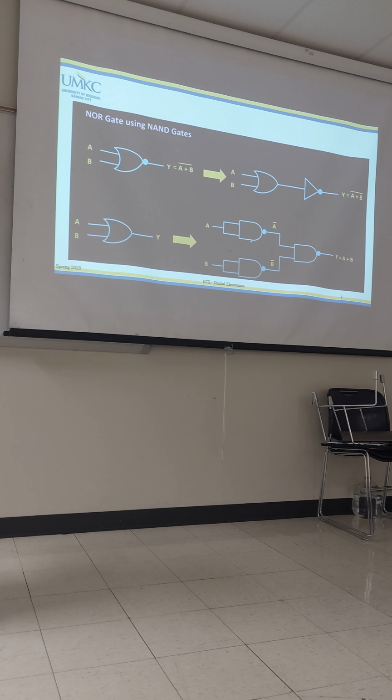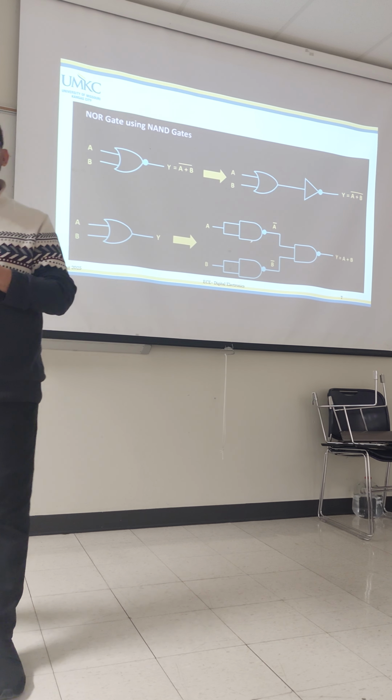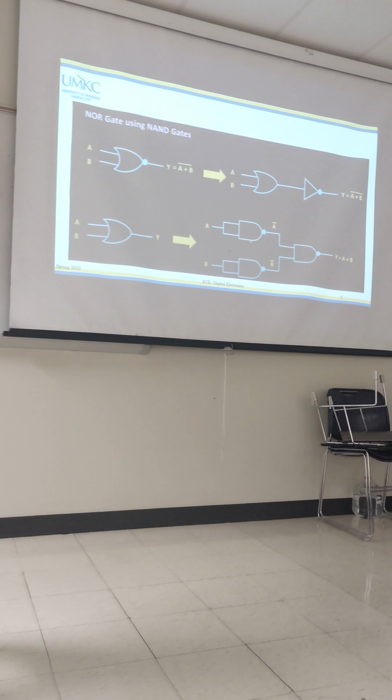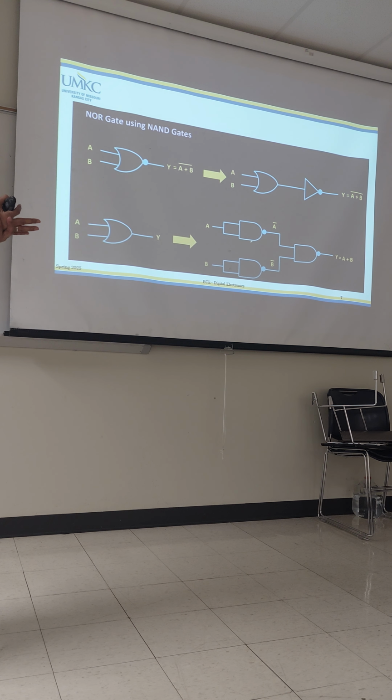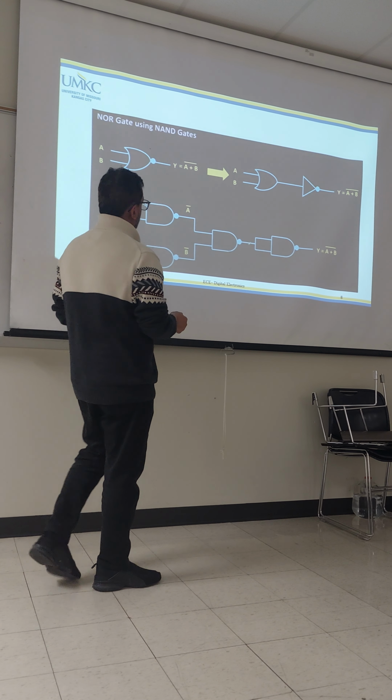NOR gate using NAND gates. What is the NOR gate? The opposite of the OR gate. If the output of the OR gate is complemented, then it will give you the NOR gate. I already showed how to get the OR gate. To implement an OR gate, we need three NAND gates. Then the output of that is given to the next inverter, and we already know how to get the inverter circuit, right?